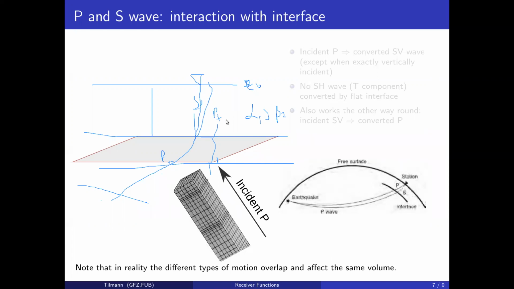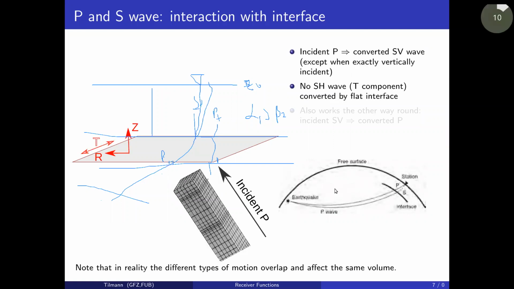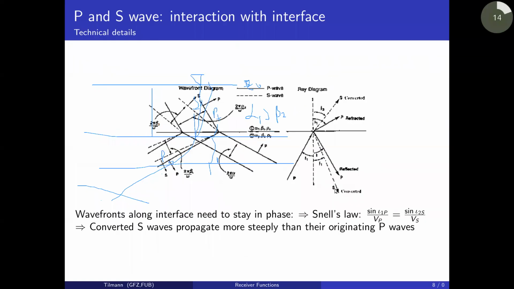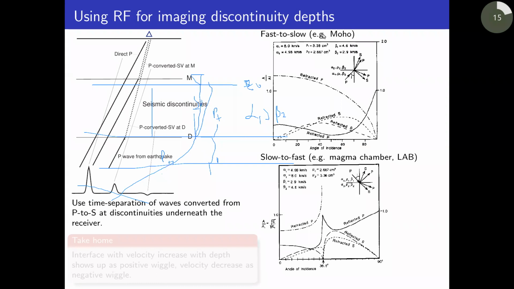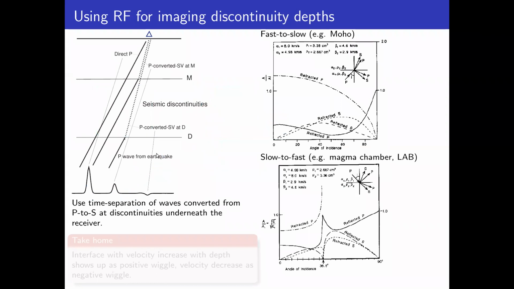So this is basically what receiver functions are about. Once you do that, this will be the time, say, a direct P, and this I think is the PS.